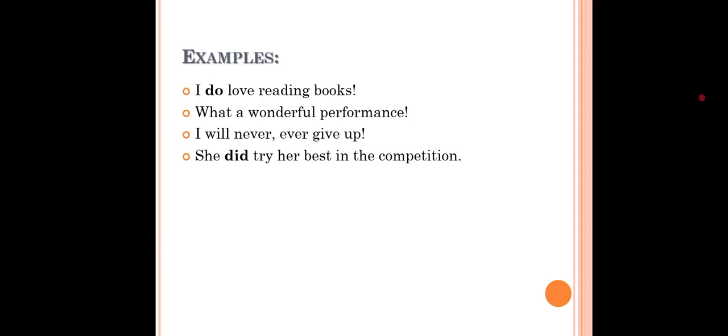But instead of telling that, I used do separately, and even I used did separately to show only the importance or strong feelings of these two sentences. To convey the strong messages, I used this do verb separately.